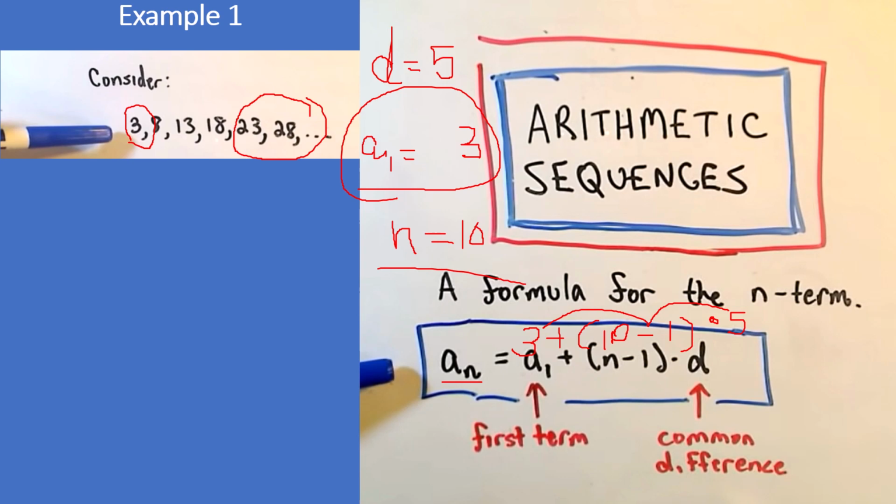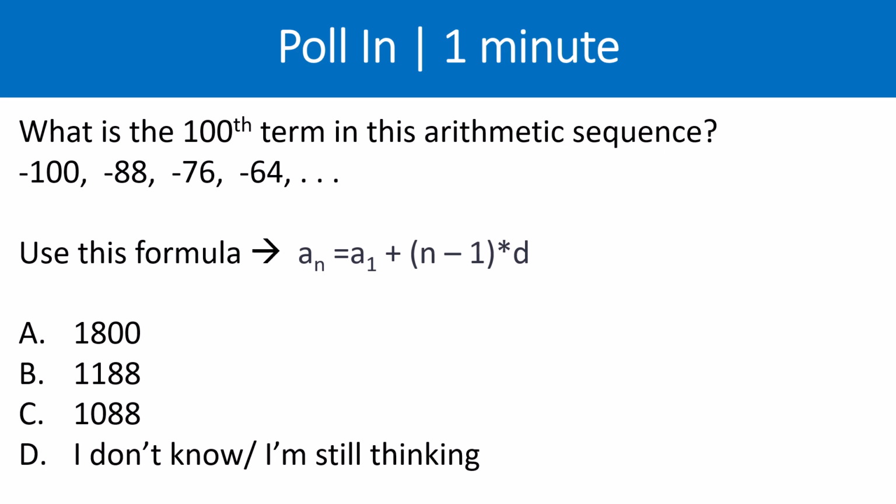That would work for any term that you're looking for. Now let's put that into practice, and you try one. We want to know the 100th term. So let's identify what n is.